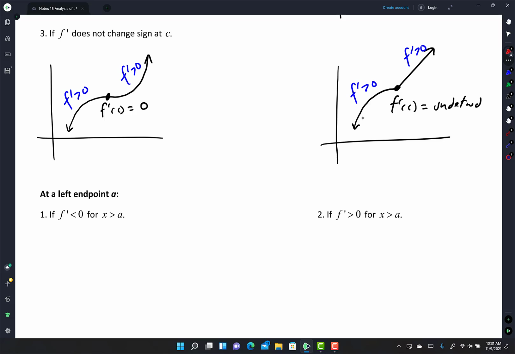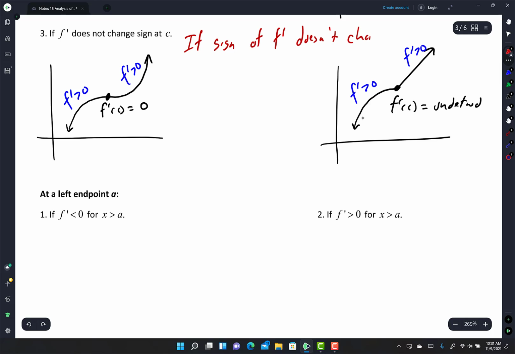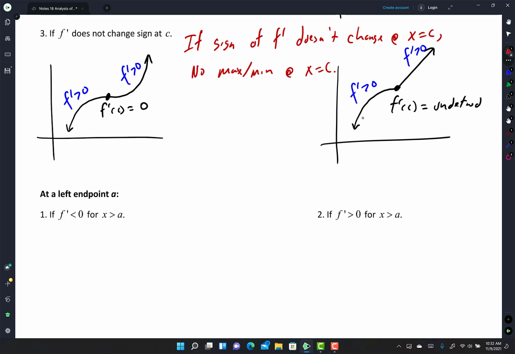What do you think we conclude on this one? If the sign of f prime does not change, there is no max or min. If the sign of f prime doesn't change at x equals c, no max/min at x equals c.